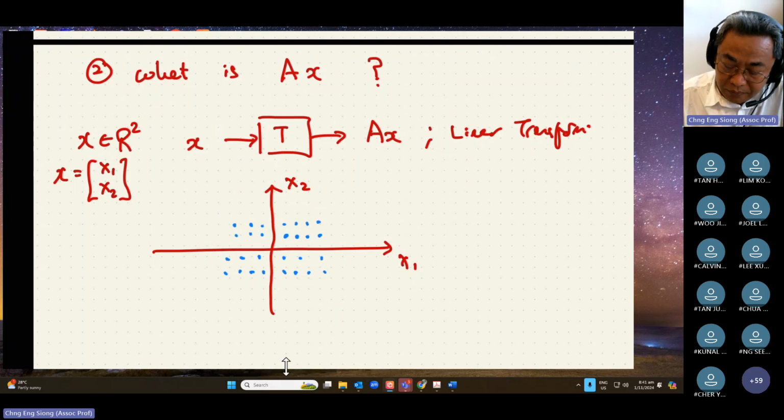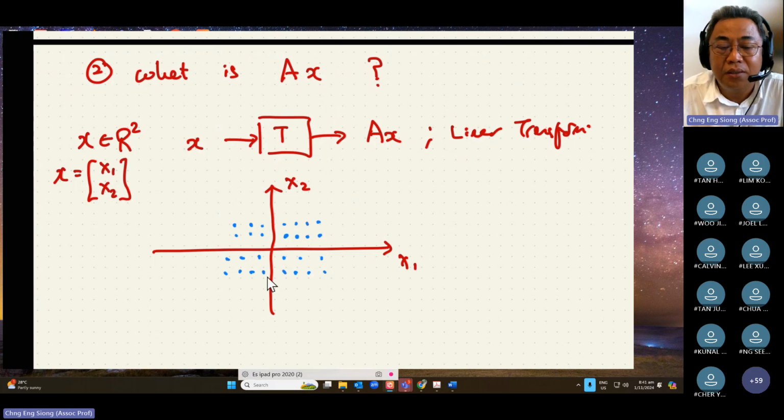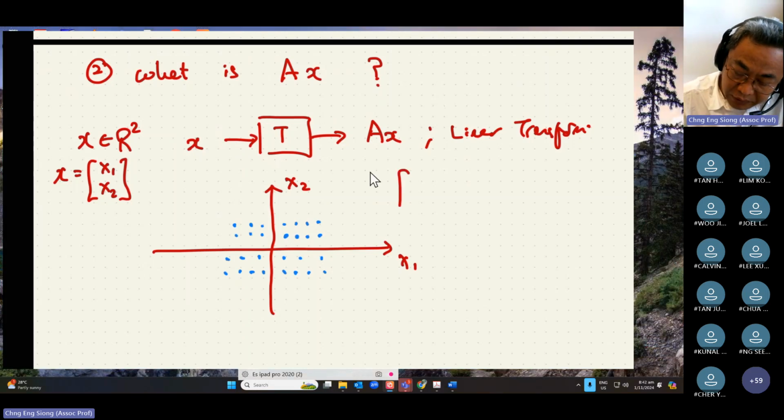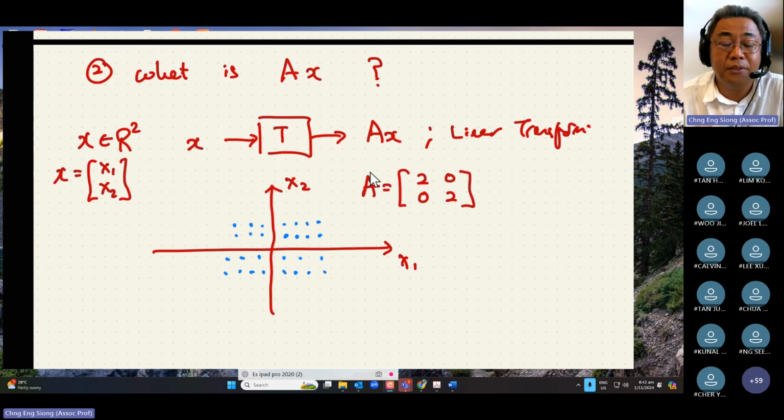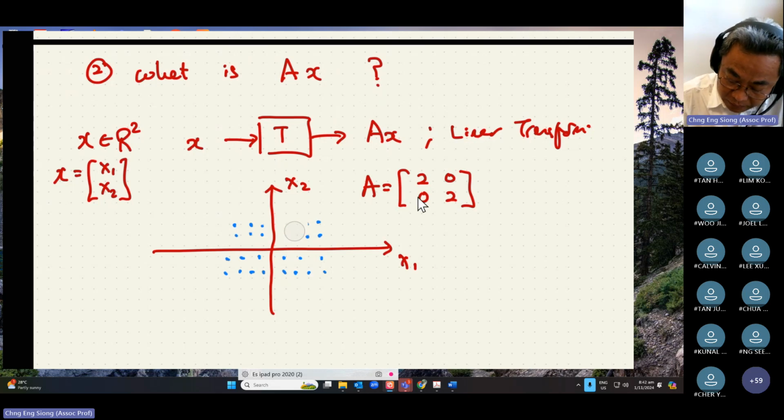Now I'm going to ask you to think what will happen with some A. I'll give you a very simple A just so that we can understand: 2, 0, 0, 2 is my A, just for example. So I'm going to erase all these other things now.